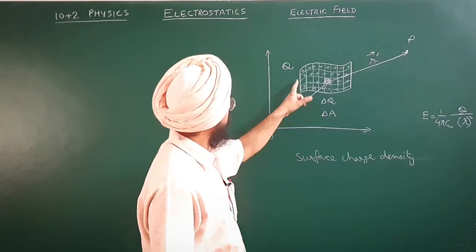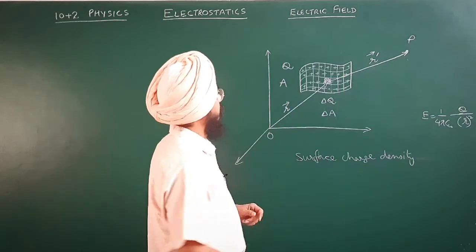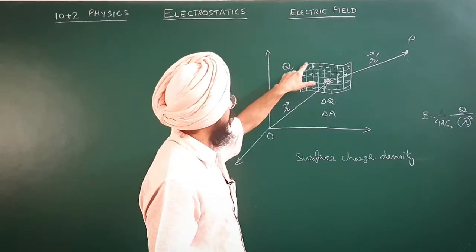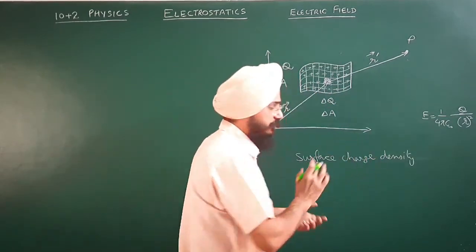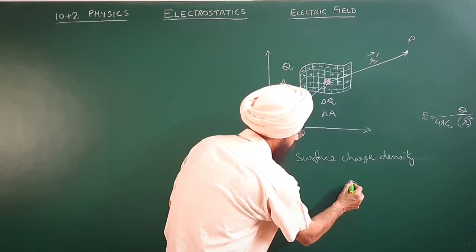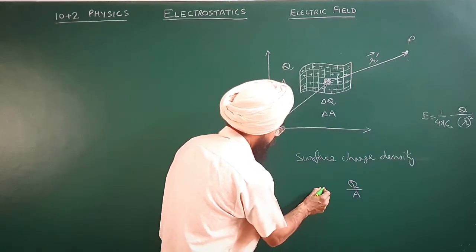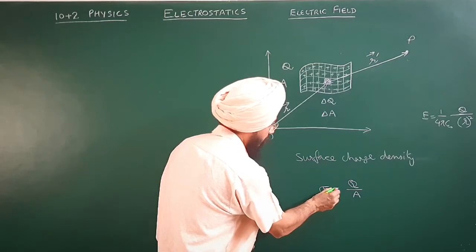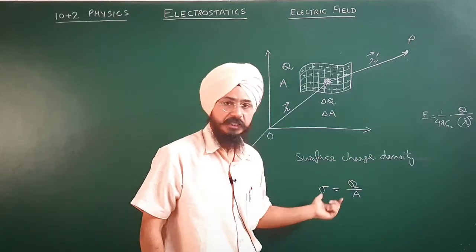If this whole sheet has the area A, capital A, and we have a charge Q on this whole sheet, then the surface charge density is defined as the charge per unit area. This has the symbol sigma.